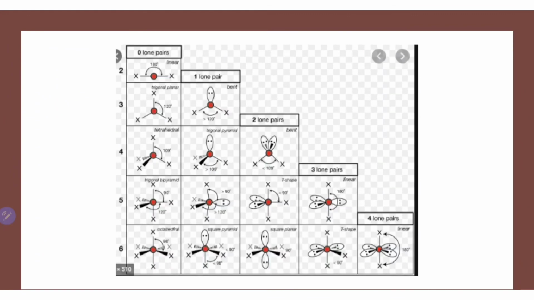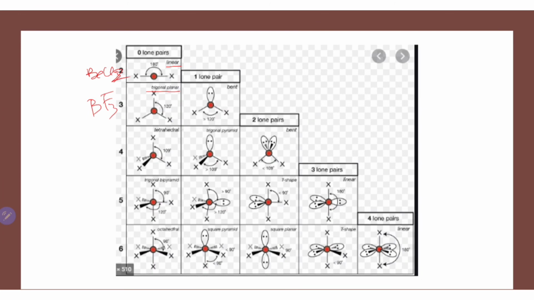So review once again. This is for BeCl2. This is for BF3 with 3 bond pairs, trigonal planar. This is linear for BeCl2.